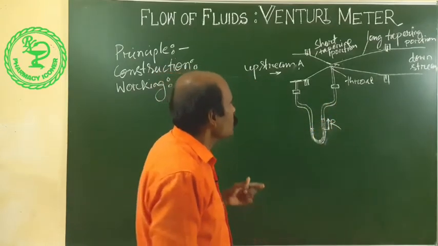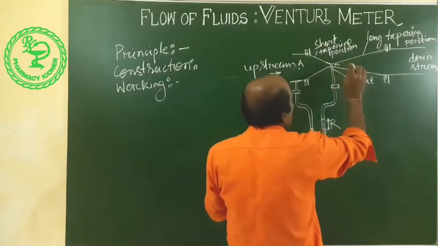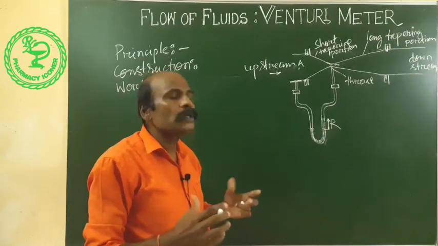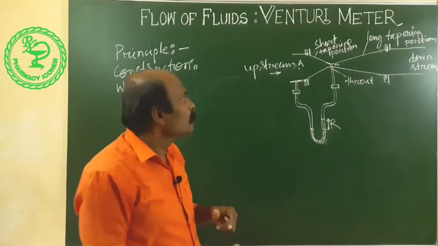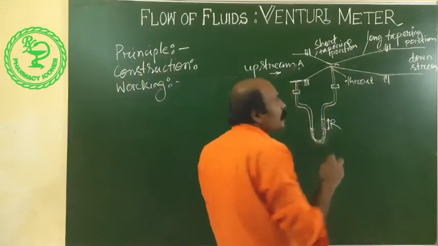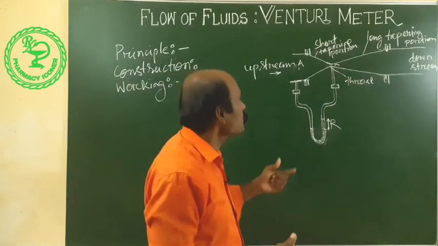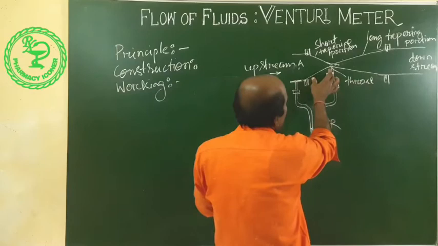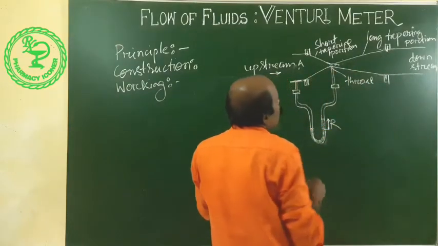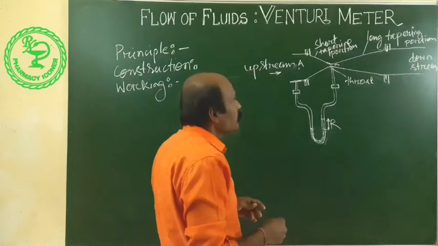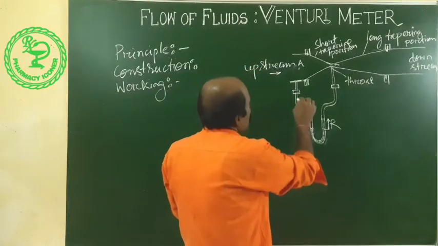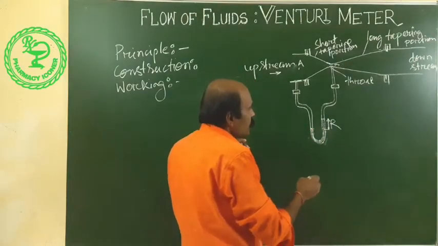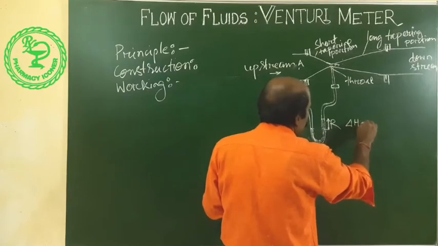Because if it is the long portion, then the fluid or water will adjust itself to flow. So there will be no significant pressure loss. So for this reason, this portion is short and this portion is long. So it is fitted in a pipeline, and the manometer will give the pressure head difference as delta H.